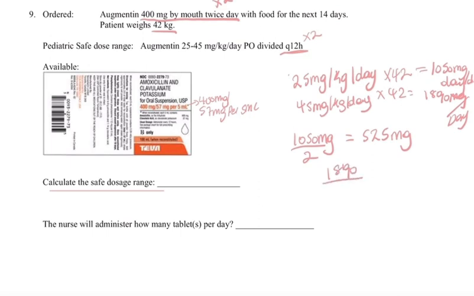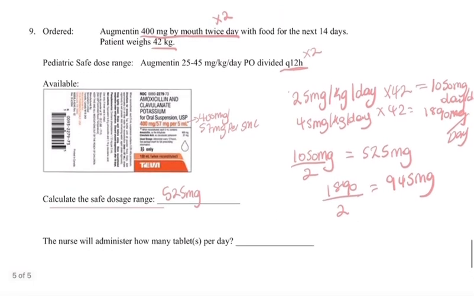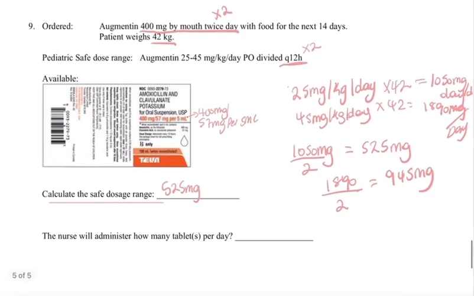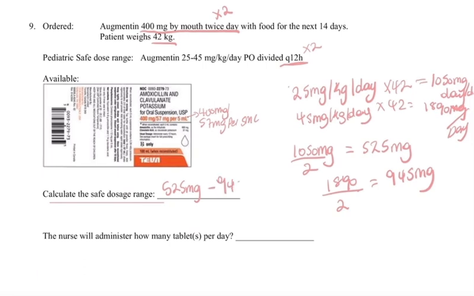And then I'm gonna do the same thing with the 1,890. I'm gonna divide it by 2, and I'm gonna be left with 945 milligram per dose. So my safe dosage range is gonna be 525 milligram to 945 milligram per dose. So we should not exceed that for our patient because that is the safe dose range.